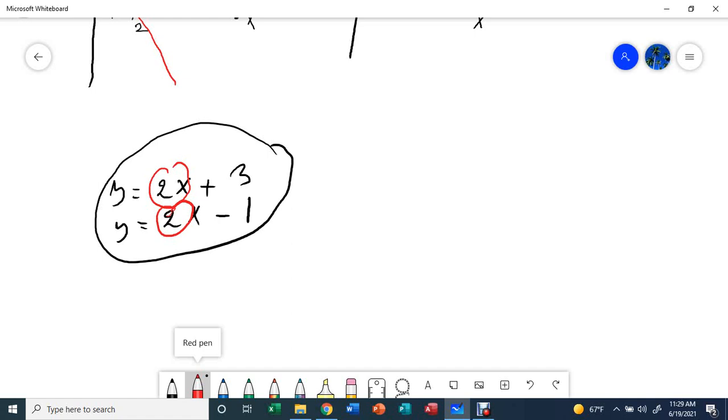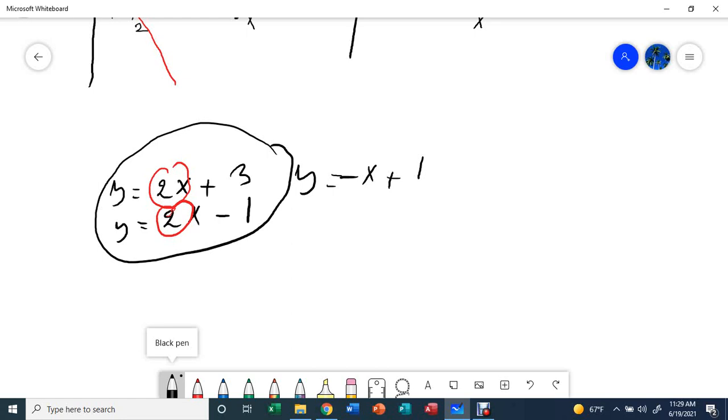So suppose we are given an equation of line 1, and we want to find the equation of another line that's parallel to it and passes through a point. For example, find the equation of a line that's parallel to y equals negative x plus 1 and passes through the origin.